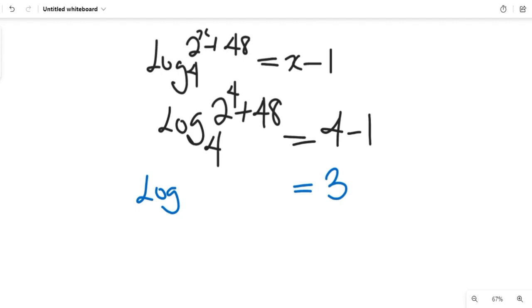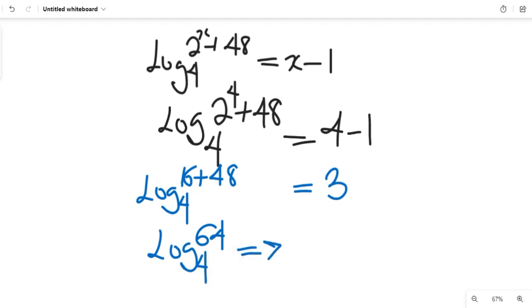While the other side will be log of 2 to the power of 4 plus 48 to base 4. Remember, 2 to the power of 4 will give us 16, so we'll have 16 plus 48 all to base 4. This will give us log of 64 to base 4, which is log of 4 to the power of 3.